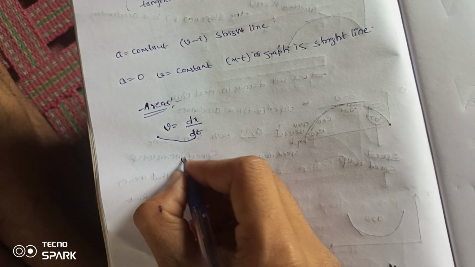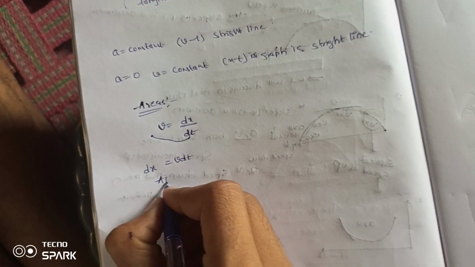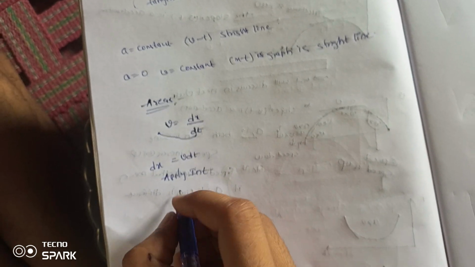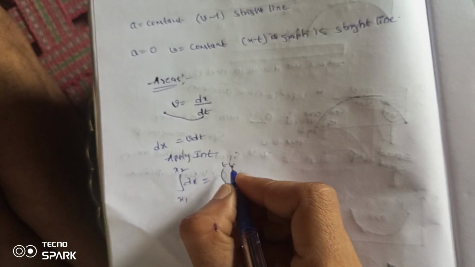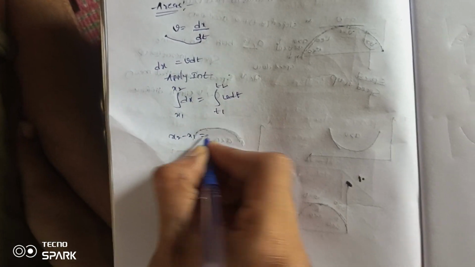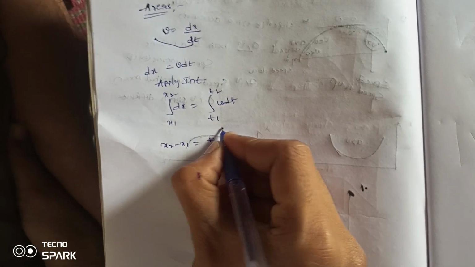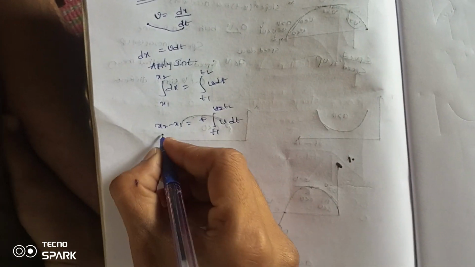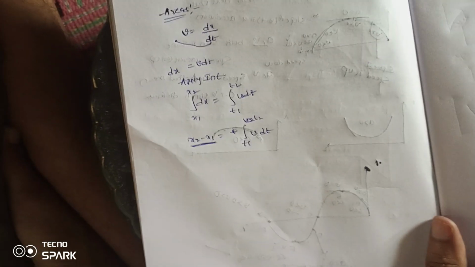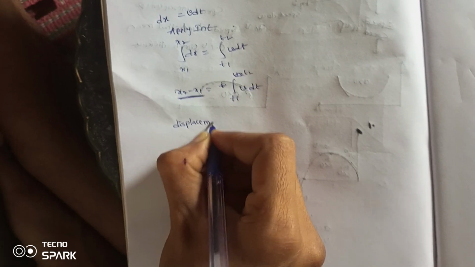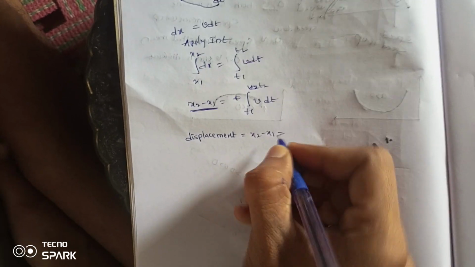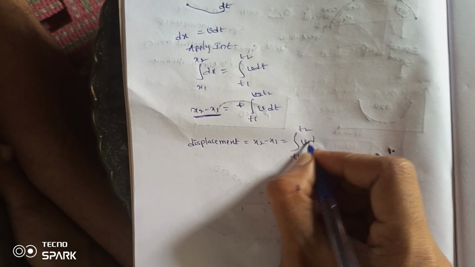Moving dt to the other side, velocity times dt equals dx. dx means apply integration: integral of dx from x1 to x2 equals integral from t1 to t2 of v dt. So x2 minus x1 equals integral from t1 to t2 of v dt. x2 minus x1 is the change in position, which is the displacement. Displacement equals x2 minus x1 equals the integral of v dt.